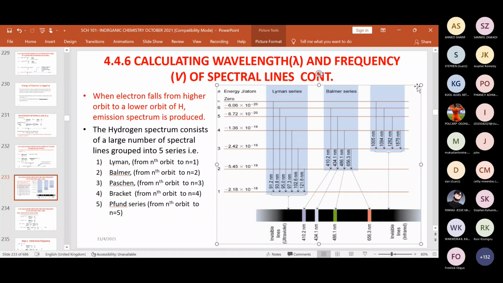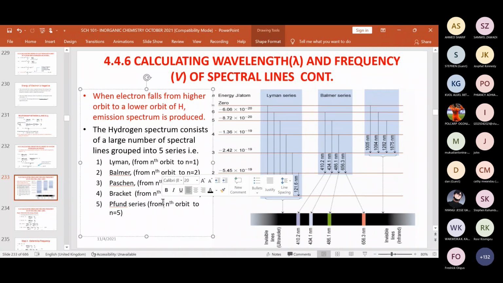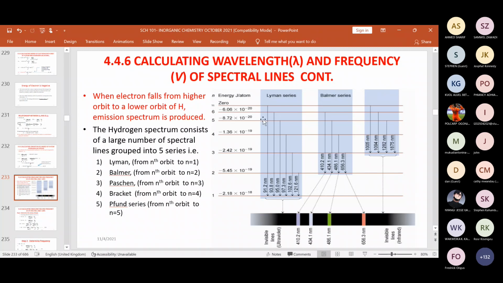And if it's going to energy level 5, we call it the Pfund series. These series are named after the scientists who discovered them.